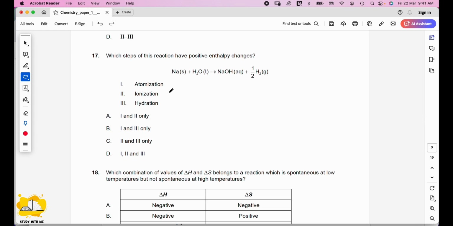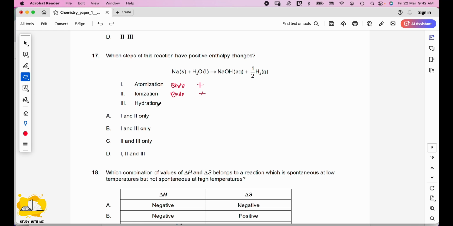Number 17. Which steps of this reaction have positive enthalpy changes? So the concept of atomization is always endothermic, so it's positive. And ionization is always endothermic as well, so this will be positive.